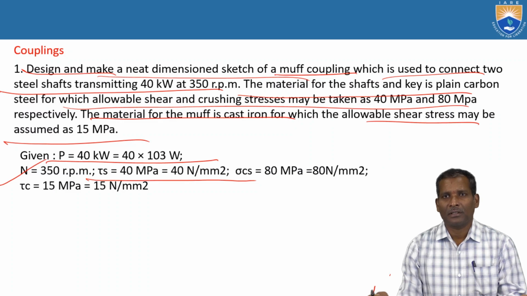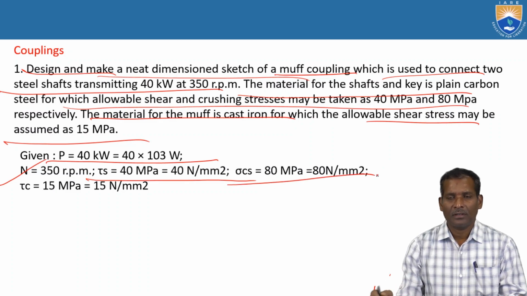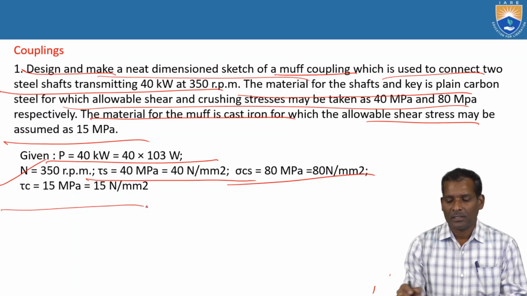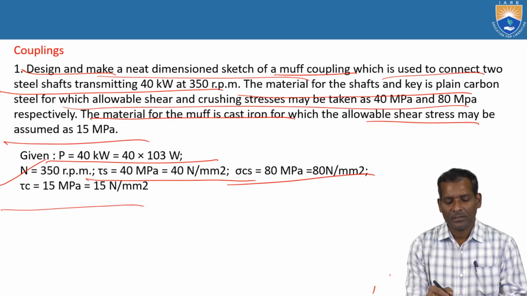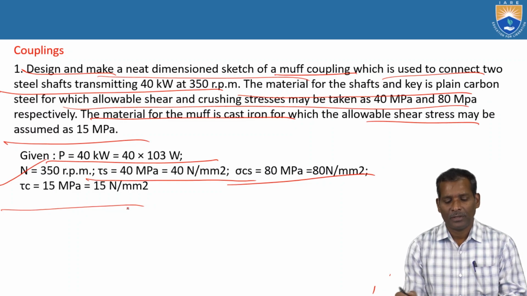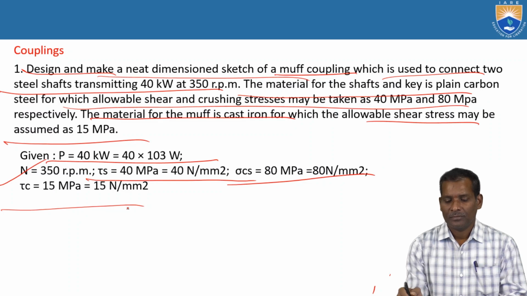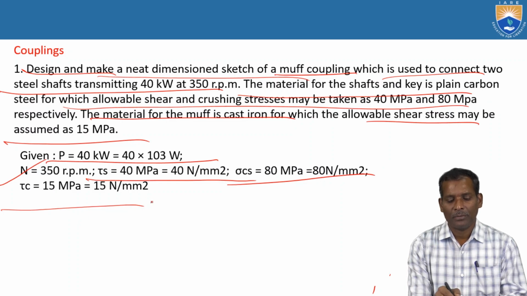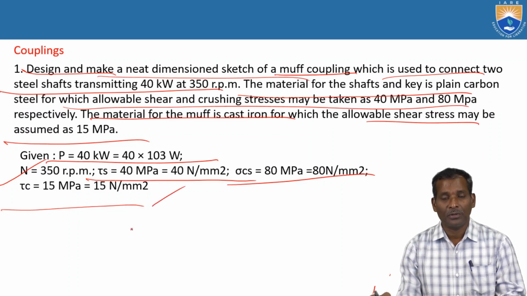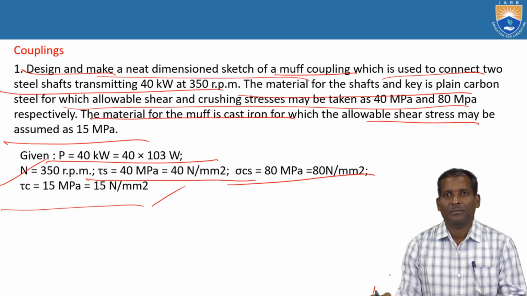Similarly, 80 megapascal crushing stress, in Newton per mm square. For the muff material, cast iron, the shear strength is assumed as 15 Newton per mm square.